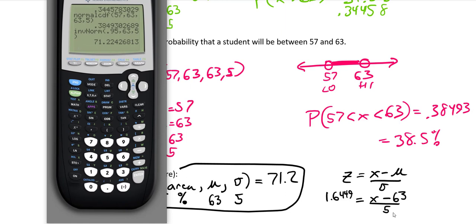The first thing you need to do is multiply both sides by 5. So you have 1.6449 times 5, and you get 8.2245. And then you just have to add your 63, and you get an answer of 71.2245. Again, if you take a look at the inverse norm, this is how we got that answer.